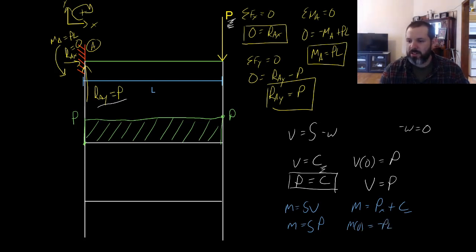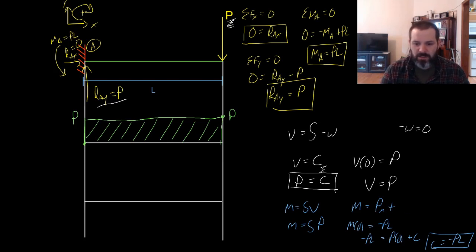We know that minus PL has to be equal to P times 0 plus C. C equals minus PL. So our moment equation is, I'll just write it in because I'm running out of space, Px minus PL.